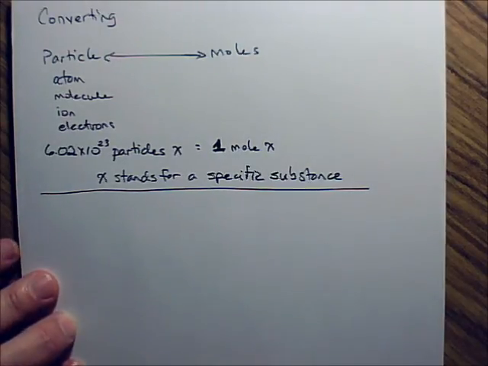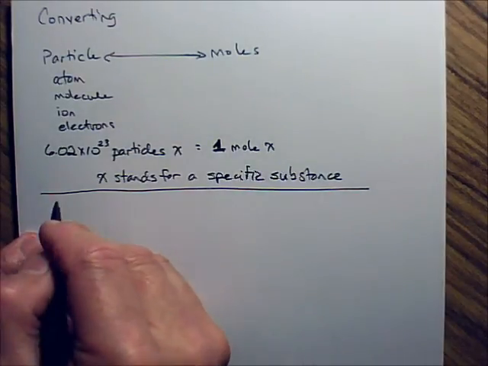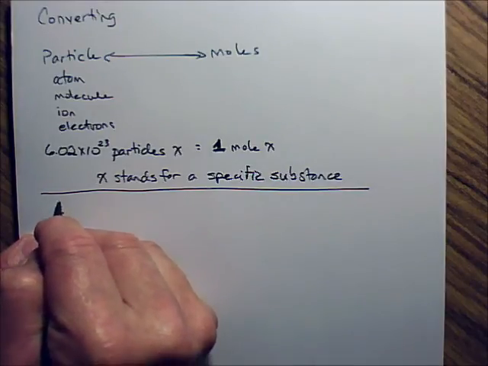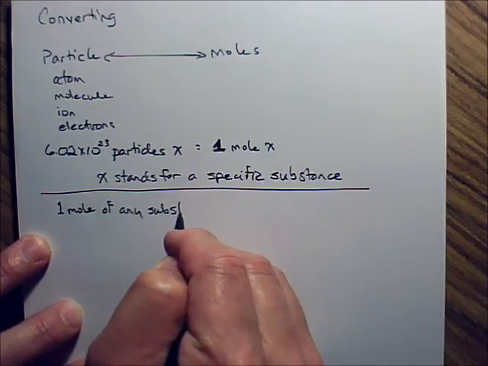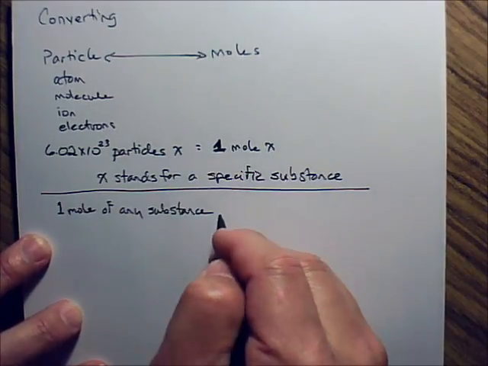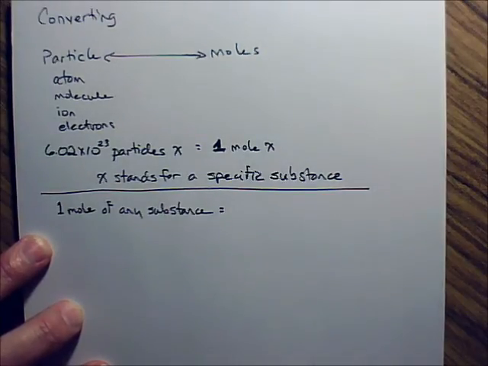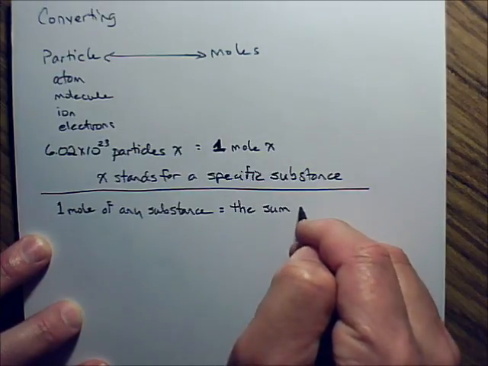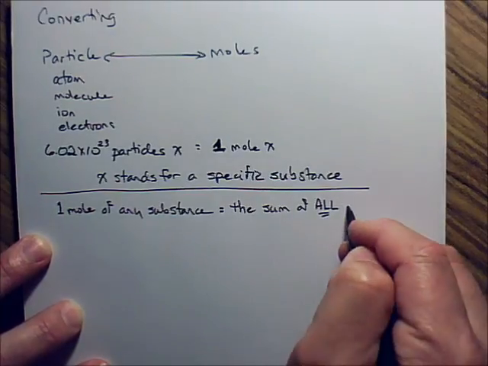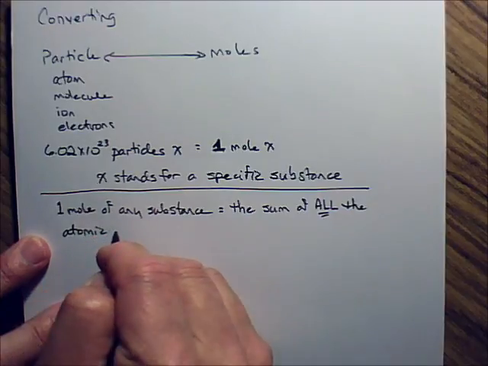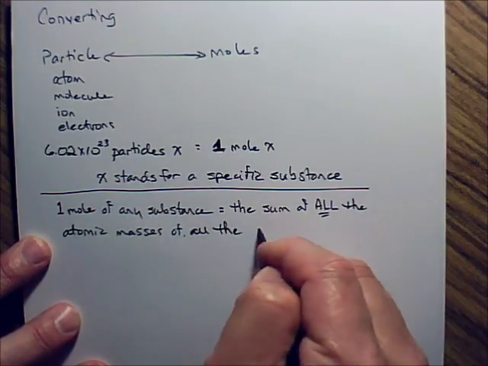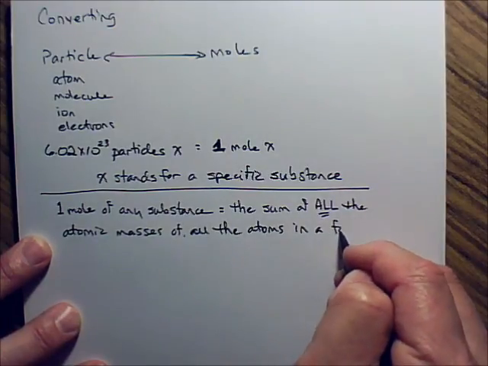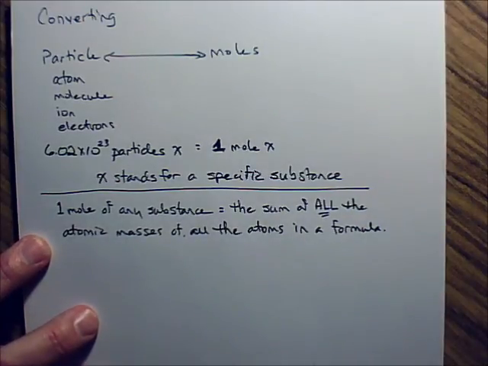Another of your required items in your mole rate project was the fact that 1 mole of any substance is equal to the sum of all the atomic masses of all the atoms in a formula. 1 mole of any substance is equal to the sum of all the atomic masses of all the atoms in a formula.